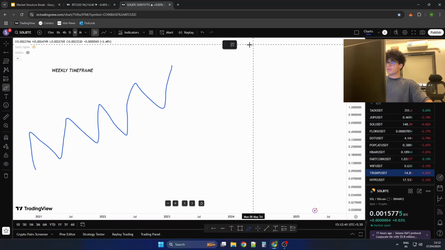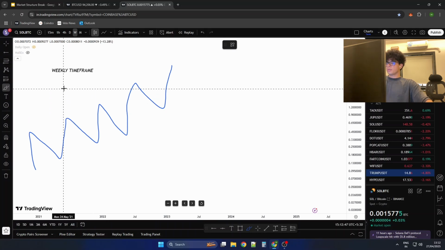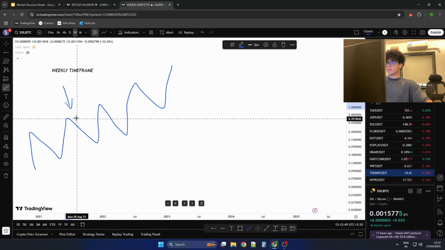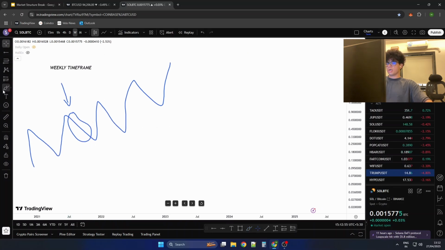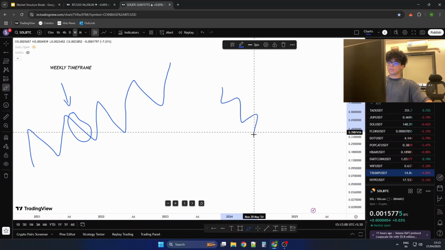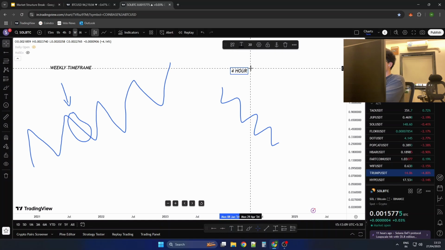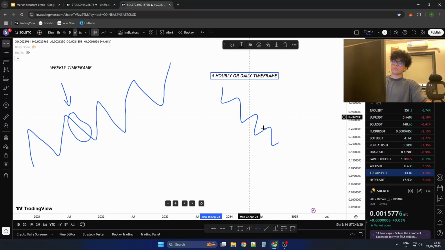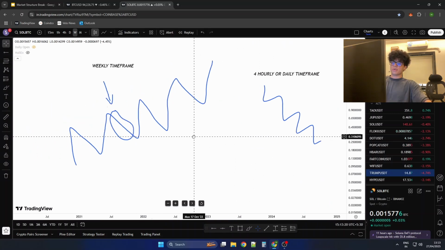So you guys can see this is trending upwards, right? Now if I want to point out something, let's say the price here, this area was going down to make a higher low. On the lower time frames you would see price go like this. So for example, this is the weekly. On the daily time frame, let's say the 4 hourly or daily time frame, you would see this is going down, this is also going down, but in this manner, right?